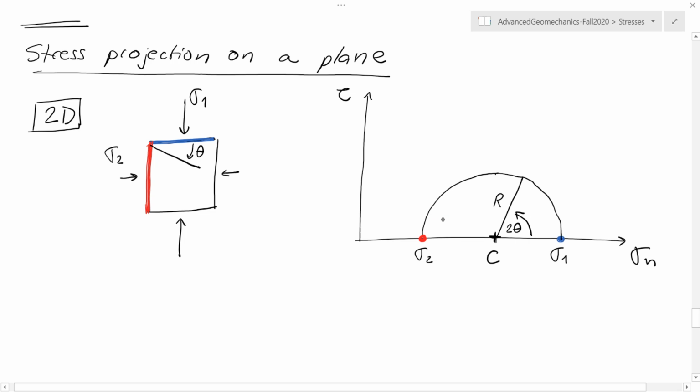Therefore, the angle that you have to move in the Mohr circle in order to get to the position theta is going to be 2 theta. So at this point, I'm going to find the normal stress sigma n and shear stress tau.